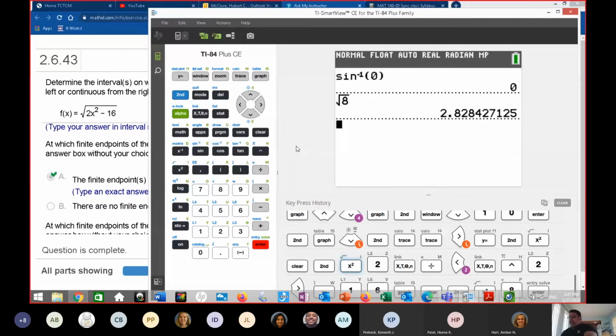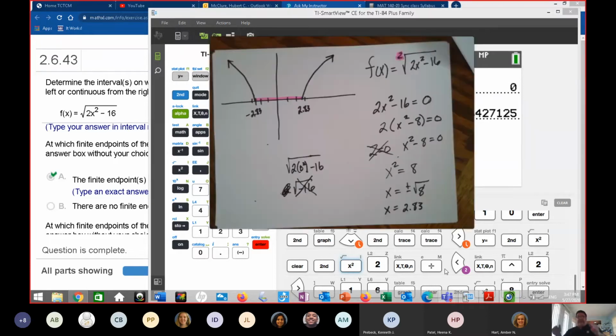So somebody tell me where the function is not continuous. Sorry, hold on. Somebody tell me where the function is not continuous. And it's okay, y'all can hit your microphone. Negative 2.83 and positive 2.83. Very good. So you can say it if you want to.